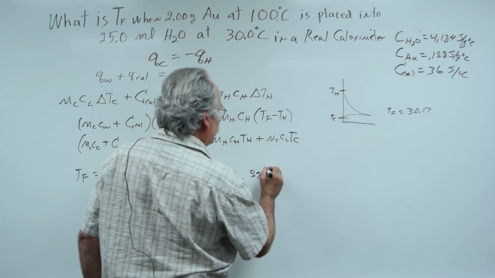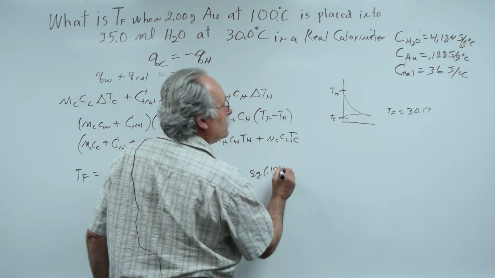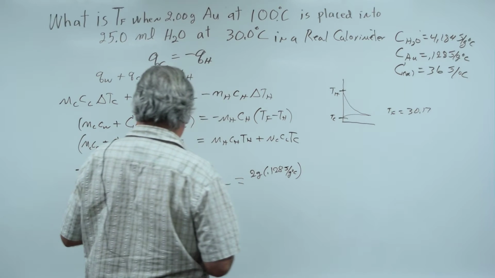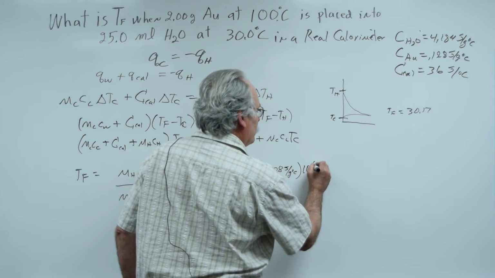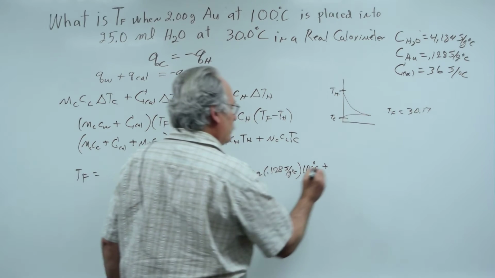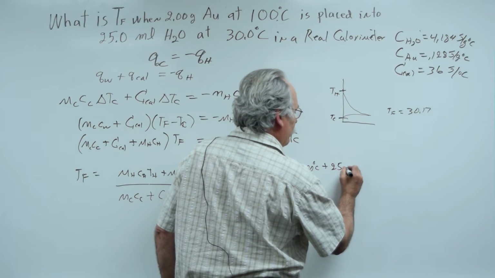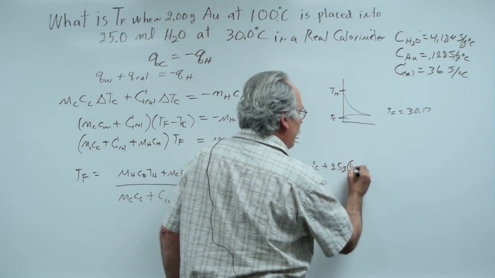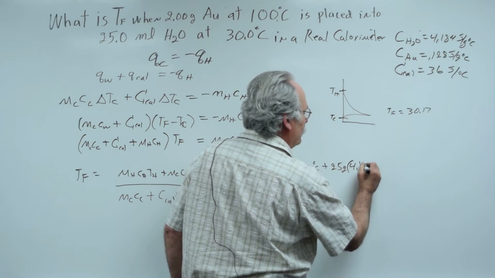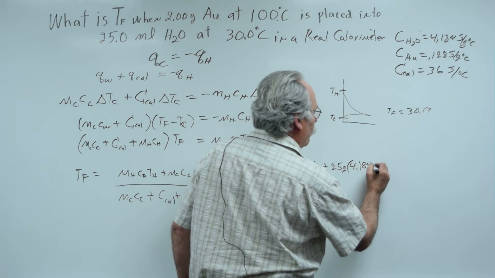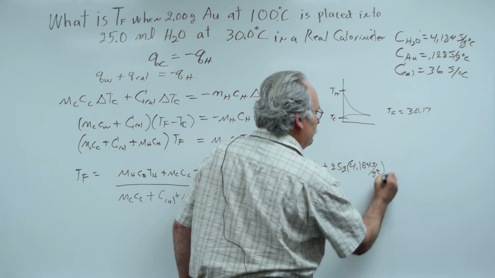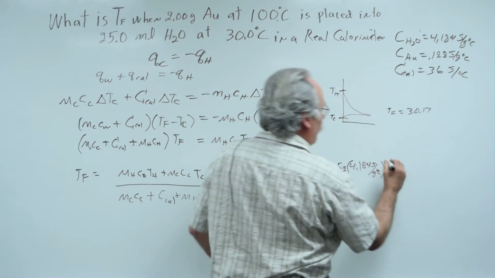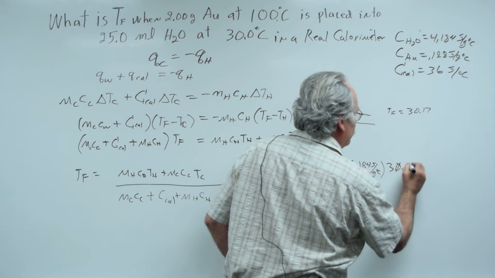It had a capacitance of 0.128 joules per gram degrees C. And the initial temperature was 100 degrees C. And I add to that the mass of the cold, which was 25 grams, because water has a density of 1 gram per mL, times its specific heat capacity of 4.184 joules per gram degrees C, times the cold temperature, which was initially 30 degrees C.